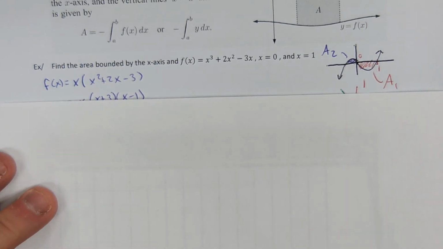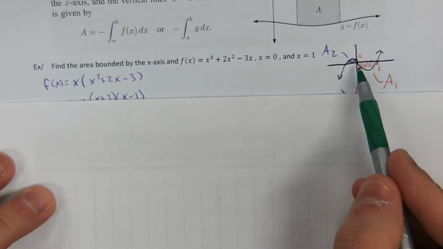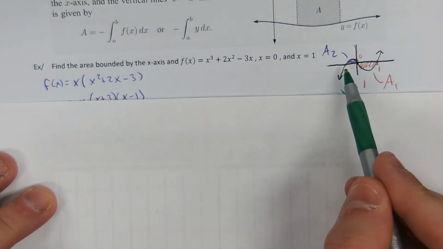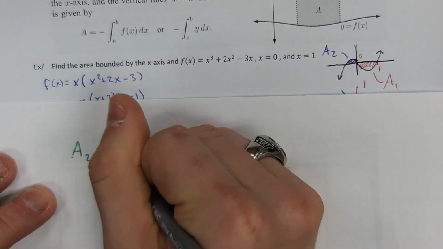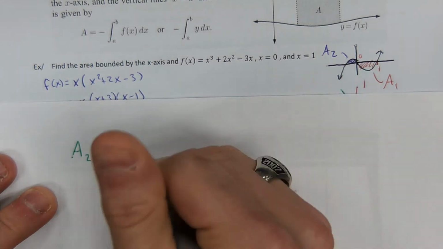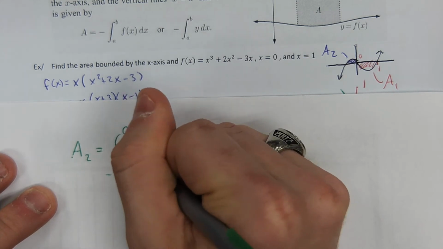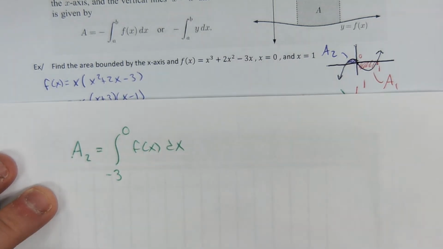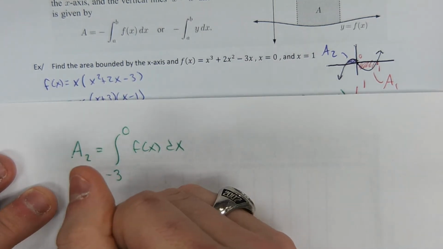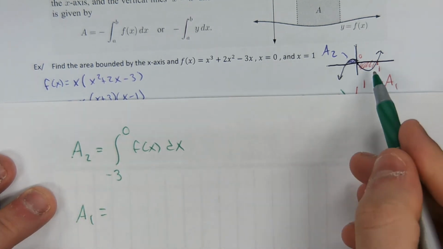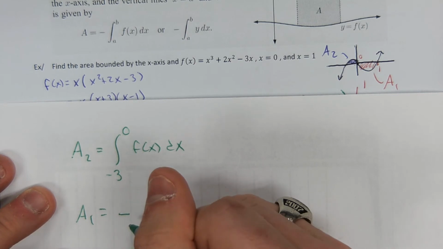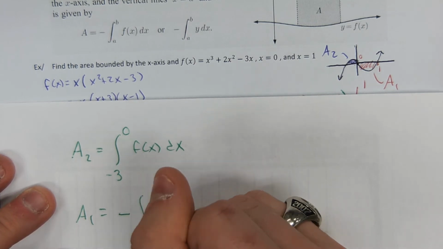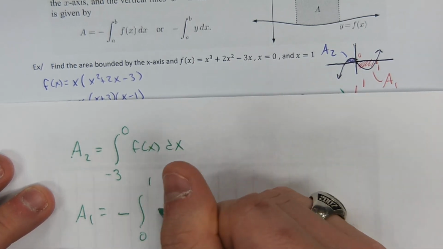Can we agree that A2 is the integral from -3 to 0 of f of x dx? Yeah. Can we agree that A1, because it's below the x-axis, in order to get a positive answer, I have to say negative? Yeah. Okay. Integral from 0 to 1 of f of x dx?